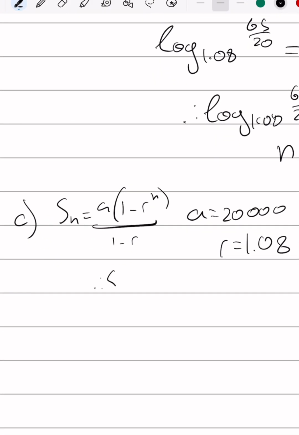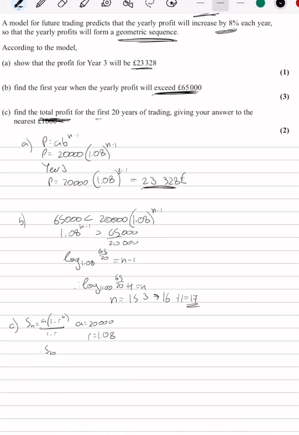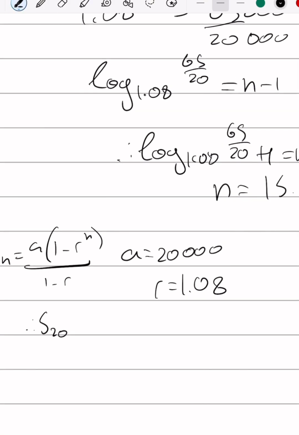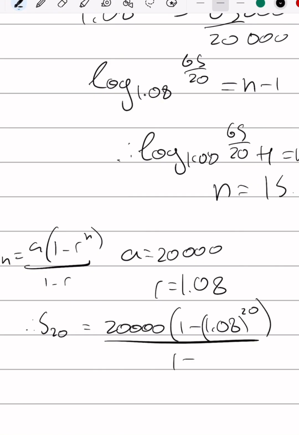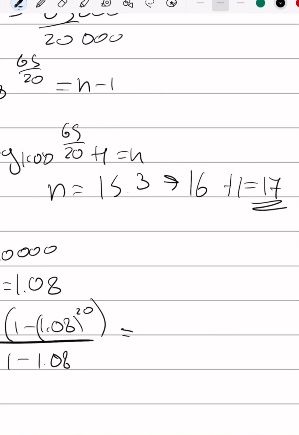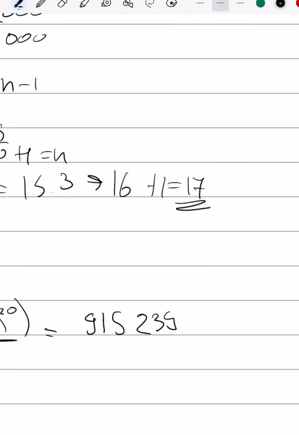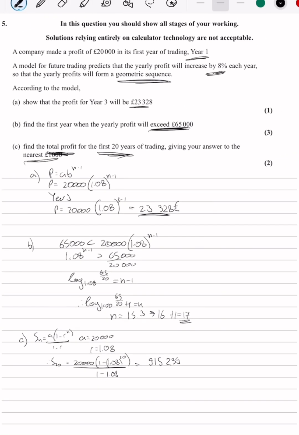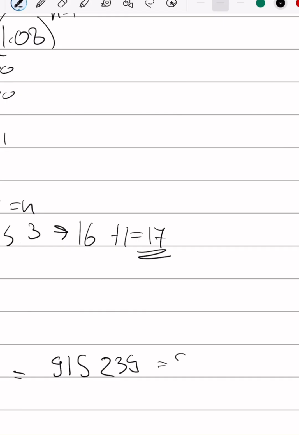Therefore, by subbing in, the sum for the first 20 years would be 20,000 times 1 minus 1.08 to the power of 20 over 1 minus 1.08, and in this case that will give us 915,239, which to the nearest thousand would be just 915,000 pounds, of course.